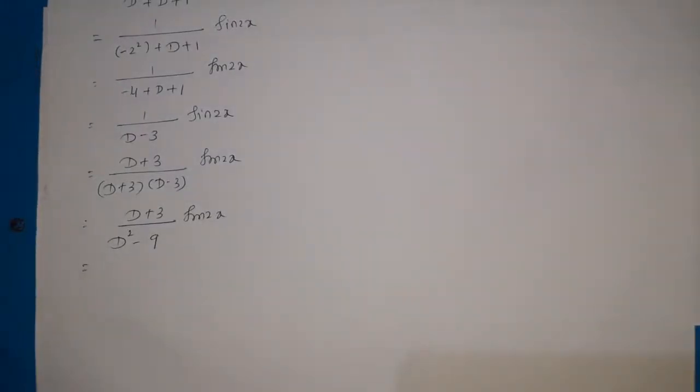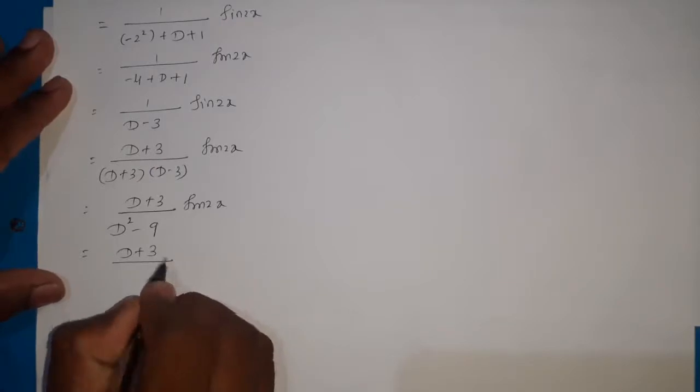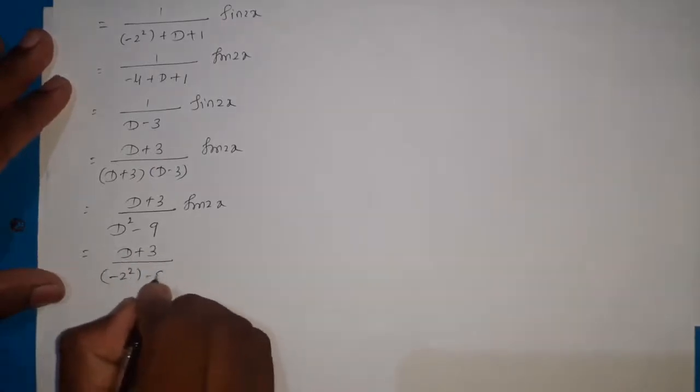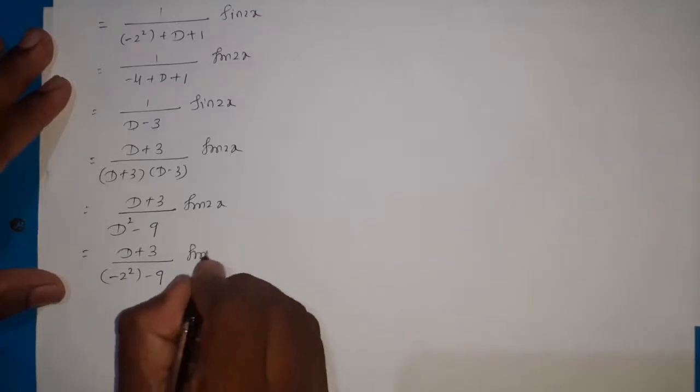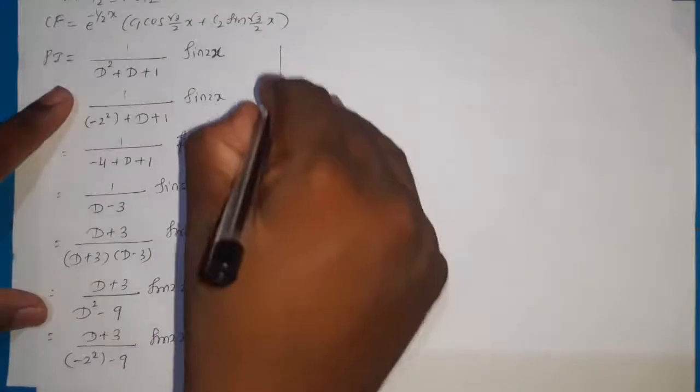In the denominator we have D square, hence we can substitute the value for D square. So it is D plus 3 divided by D square equal to minus 2 square, minus 9, sin 2x.